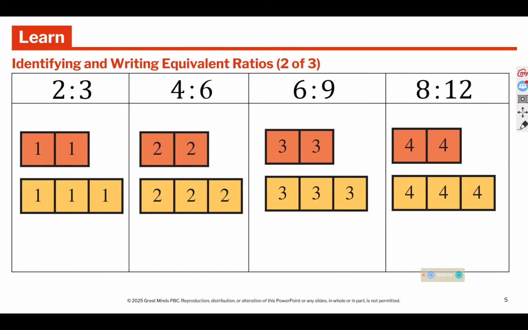And you can see that represented in this picture. The tape diagram still has the same amount of boxes, but we've created multiple equivalent ratios by changing the number that's inside of them. So if we put a 4 in there, 4, 8, 4, 8, 12. So these ratios are all equivalent to each other because they're based on a ratio of 2 to 3.